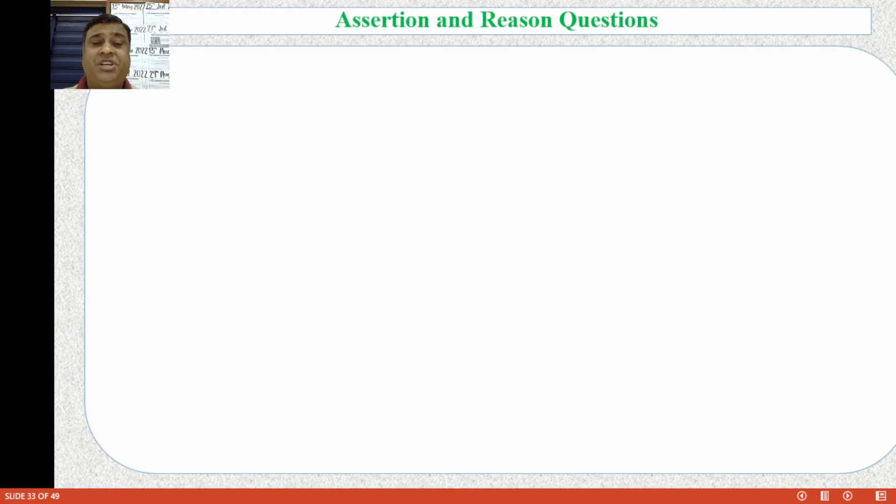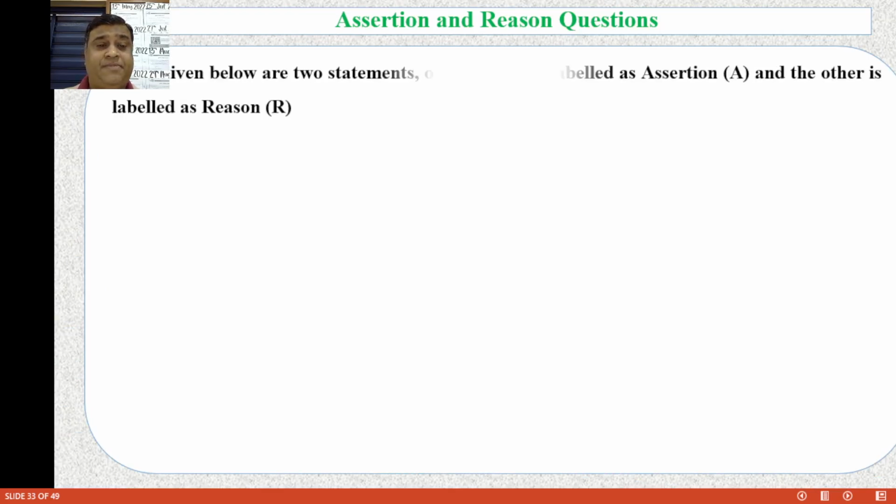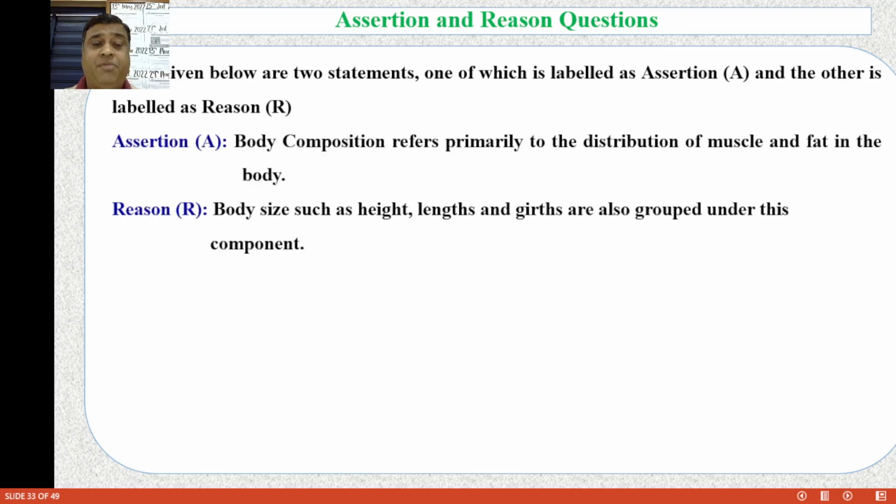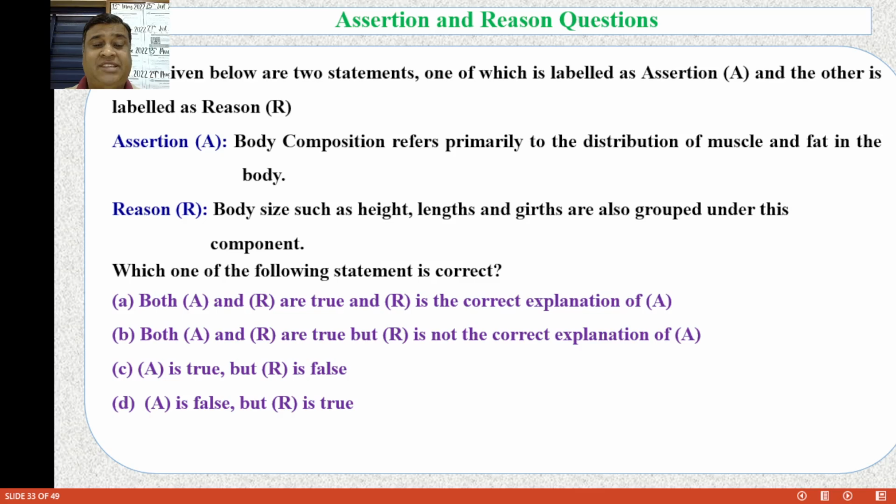Now the next part of my session is assertion and reason based questions. Question number 31. Assertion: body composition refers primarily to the distribution of muscles and fat in the body. Reason: body size such as height, length and girth are also grouped under these components. Which of the following statements is correct?